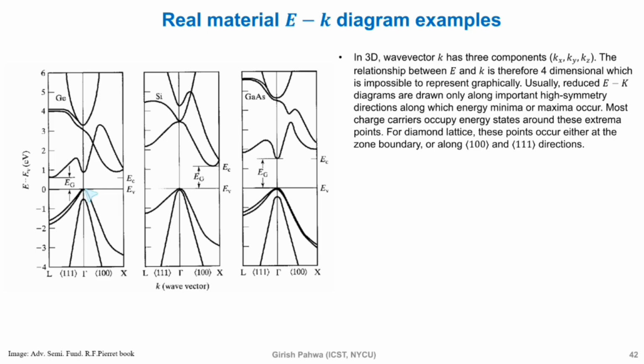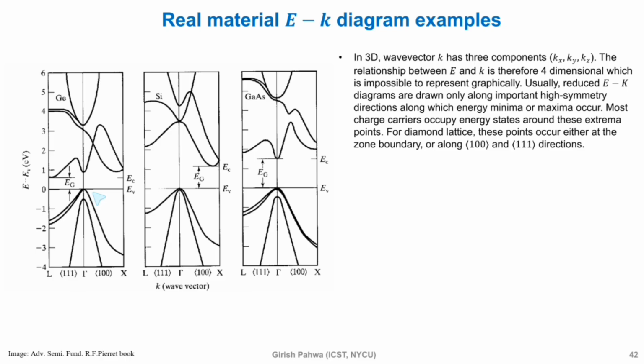So at gamma equal to 0, you have two bands that are degenerate, and then there is another band called the split off band, because it's slightly split from this energy value. But the valence band is going to be this, because this is the highest energy band.